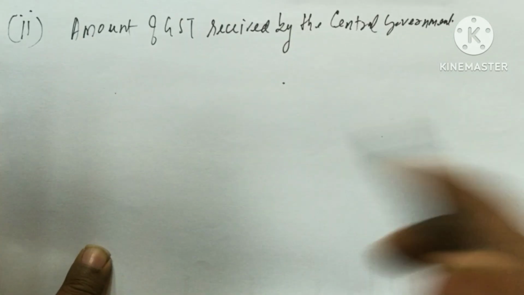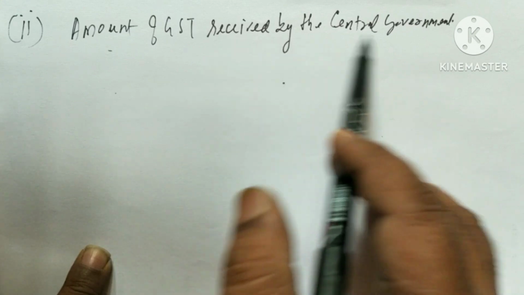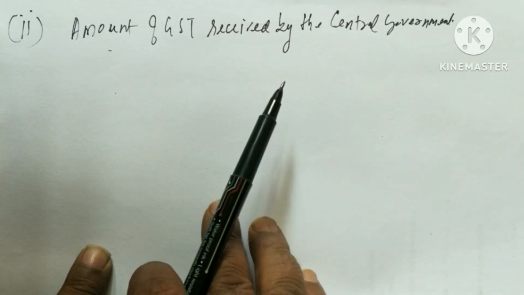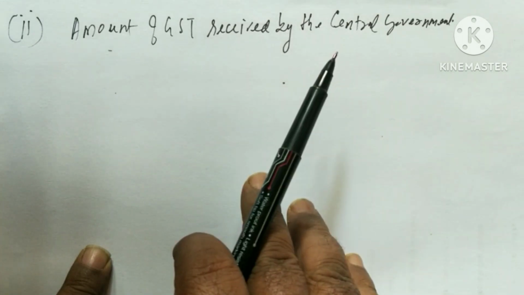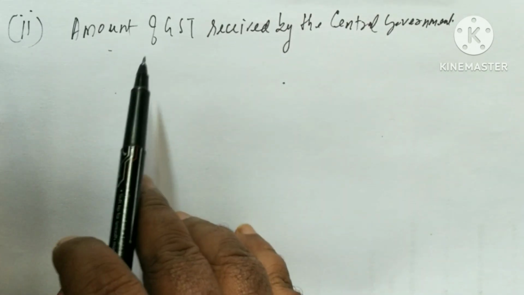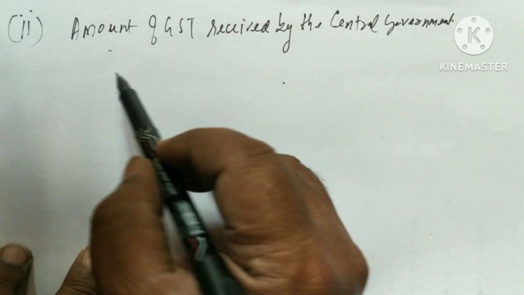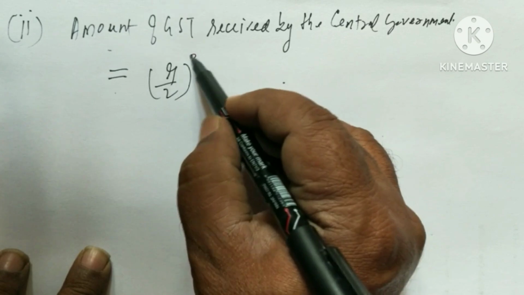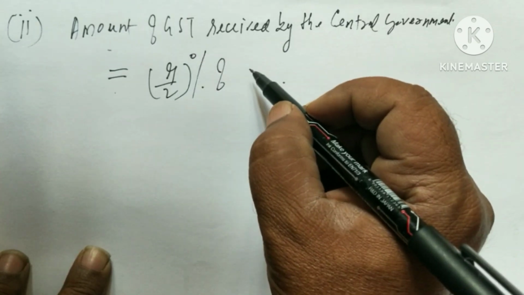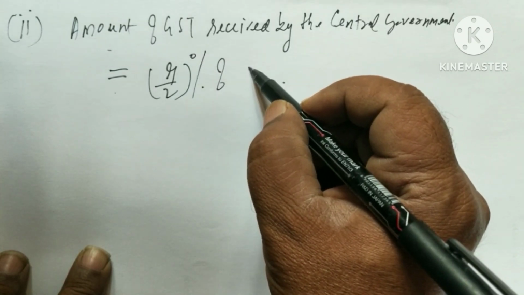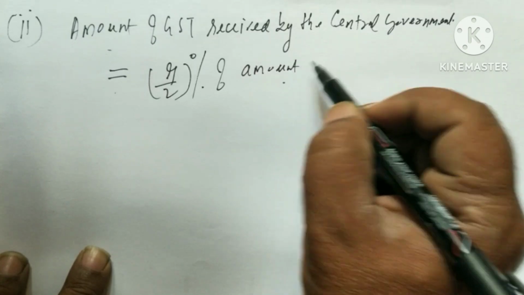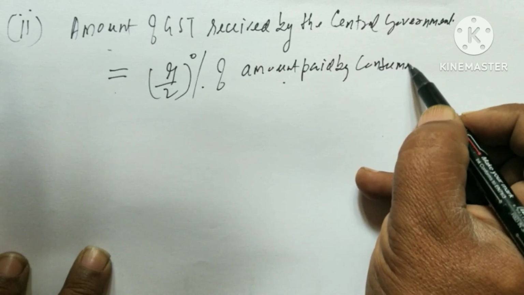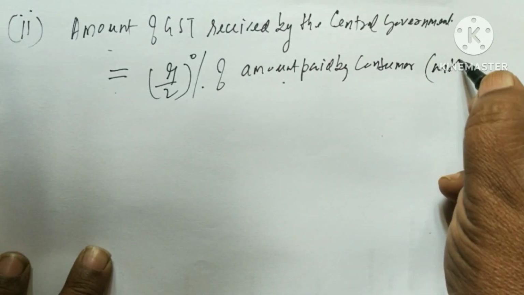The second part is the total amount of GST received by the central government. It is neither the manufacturer nor the dealer, but after the transaction is over, the consumer buys it. The formula for the amount of GST received by the central government is R by 2% of the amount paid by the consumer without tax.